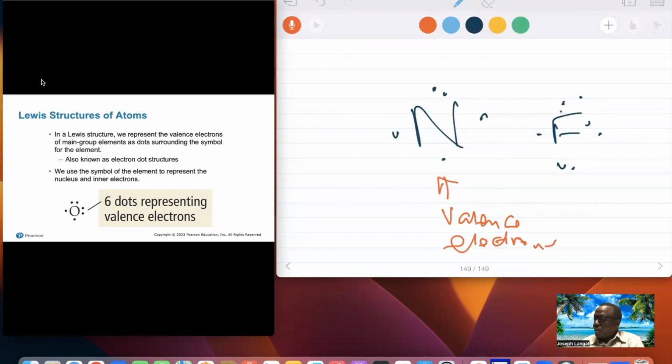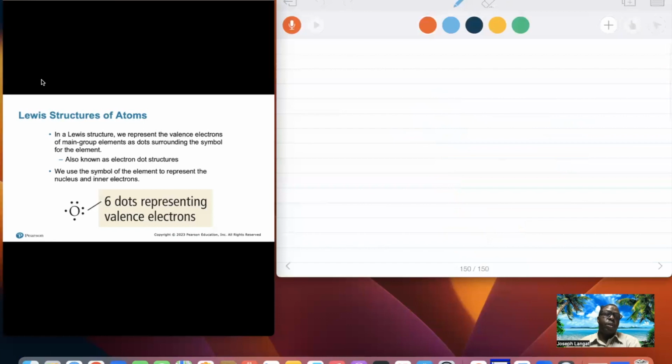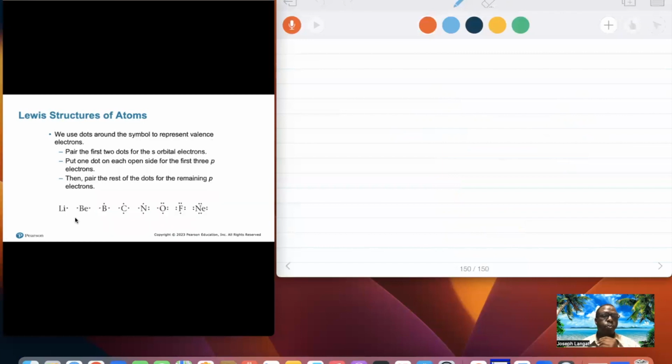Oxygen is in group 6, so you have to put the 6 dots around it. If you count these, they are singly distributed first before you start pairing them up. So this predominantly will form 2 bonds based on the unshared pairs here. See that there's 2 dots.